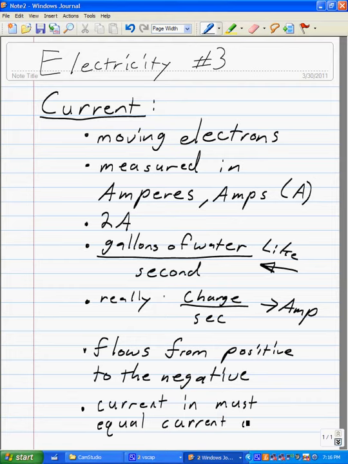So if I put 1 amp into a light bulb, on the other side of that light bulb, 1 amp needs to be coming out. It's a simple fact that I can't make electrons and I can't destroy electrons, which means whatever I put in, I got to get out.